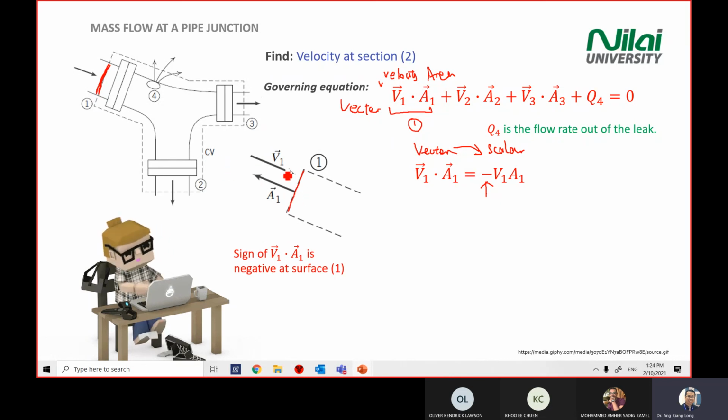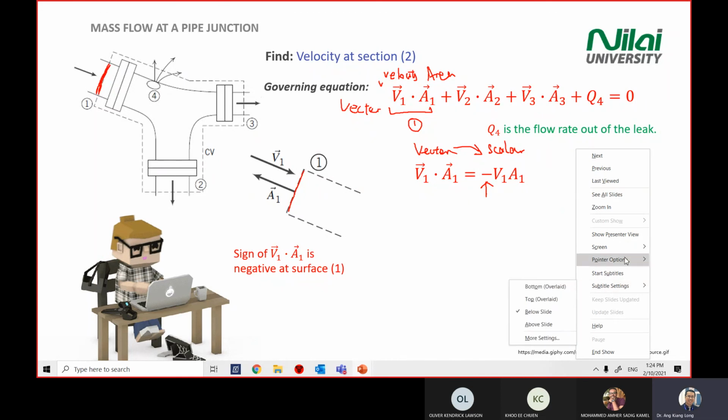If you look at the arrows, if they are in opposite directions, you will get a negative sign in the answer. Negative sign, and then you take the magnitude of the velocity times the area magnitude. Clear, yeah? So make sure you understand the signage of the vector.